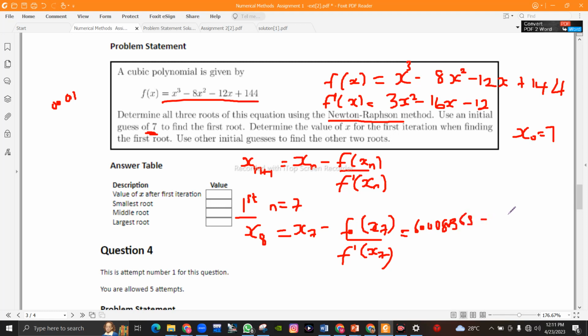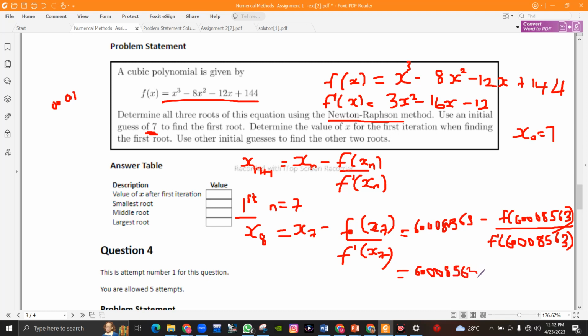So minus f of 6.008563 divided by f prime of 6.008563.